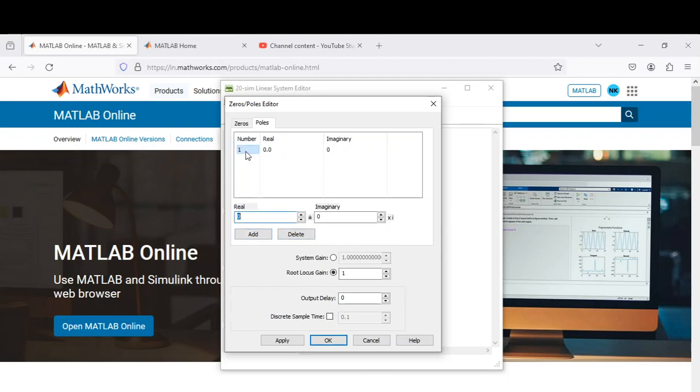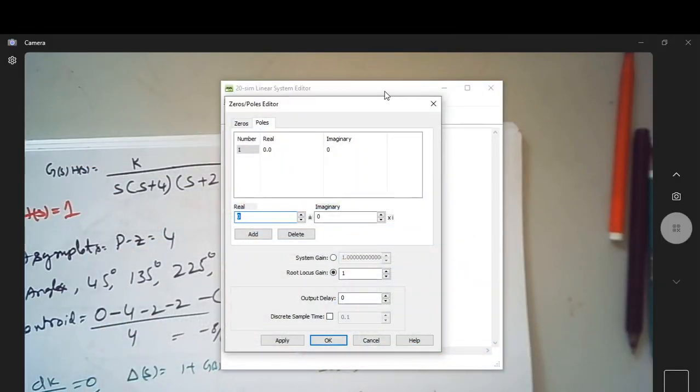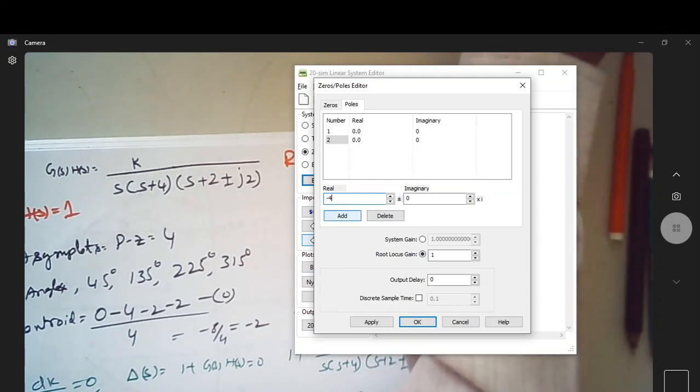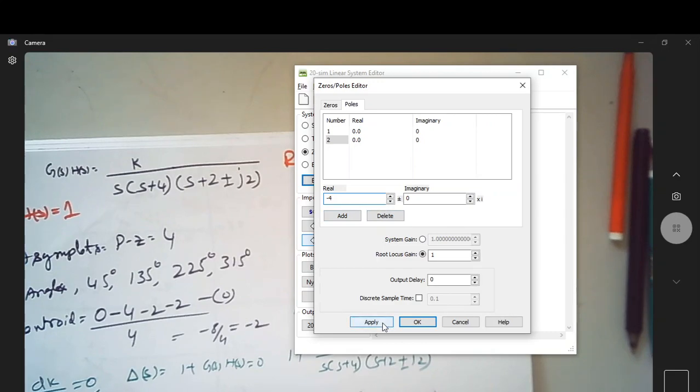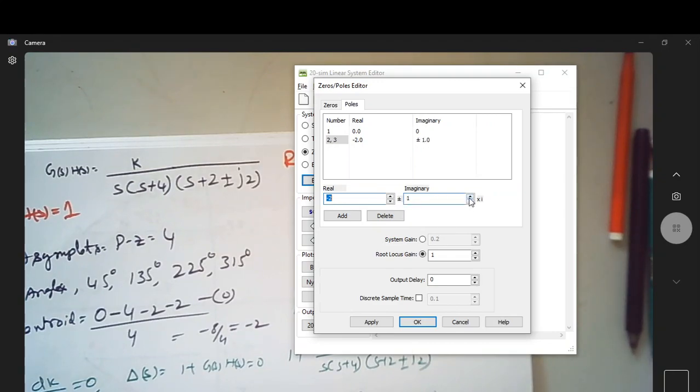I have a pole at 0, and I'll add another at -4, let me edit -4 here. So this is at the origin, this is at -4, and this is -2, the real value, and the imaginary part is plus or minus 2.